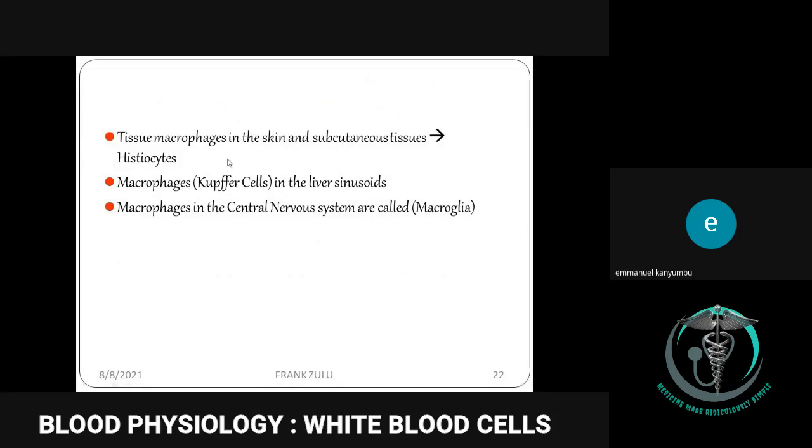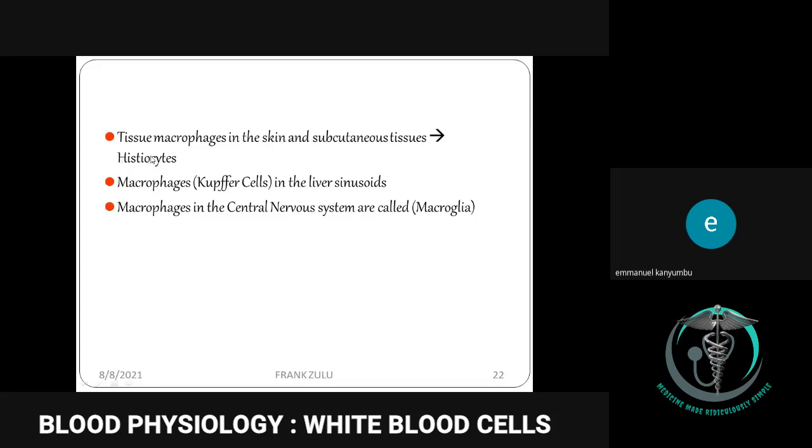The other thing, sometimes, of course, this is more anatomy than physiology: macrophages will have different names in different places. When you look at macrophages in the liver sinusoids, they are referred to as Kupffer cells. In the central nervous system, they are referred to as microglia. In the skin, they are referred to as what?